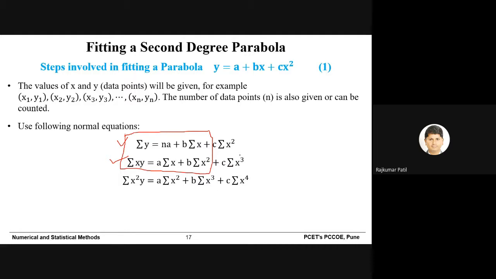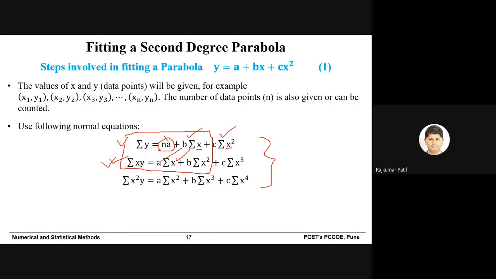Now when you compare these three equations, logically you will come to know how we can memorize this formula. In equation number 1, it is na plus b summation x plus c summation x square. So here the term x is there and later it is x square. Now when you go to the second equation, instead of na it is a summation x.